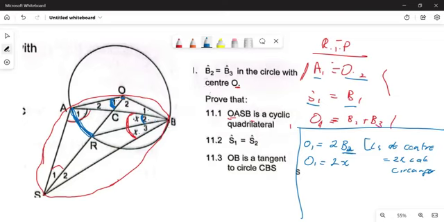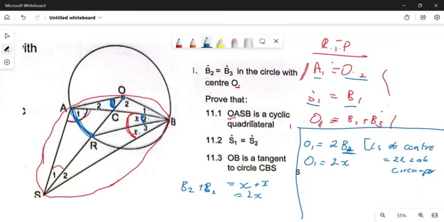But now look at this again here. B1 and B2 and B3. What is B2 and B3? B2 is X again. B3 is what? It's X. So what is going to be X plus X? 2X. Now look at this one here.